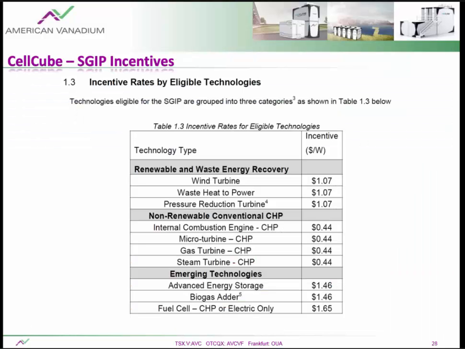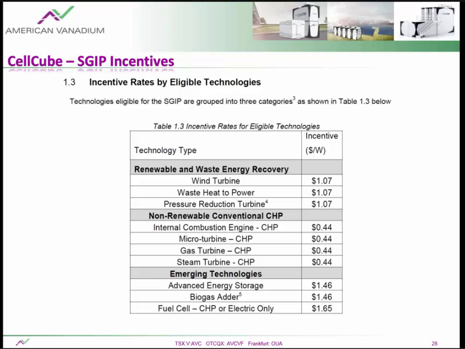Thank you, Tim. Yeah, in California there are incentives that target energy storage. If you look at the third row from the bottom, we've got advanced energy storage at $1.46 per watt. This is a program administered by the utilities, where they collect money from ratepayers and set it aside and provide it back for projects that meet the requirements.